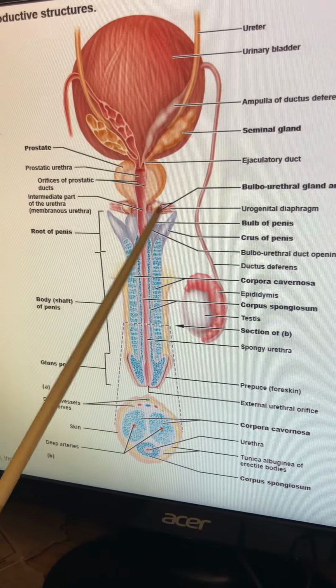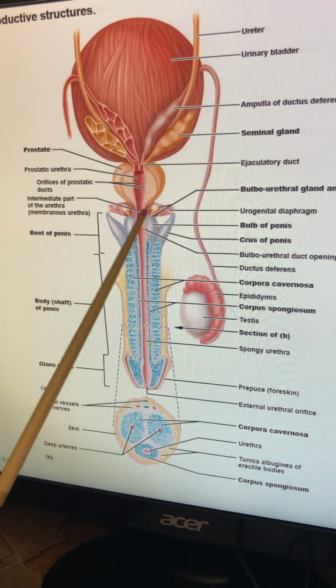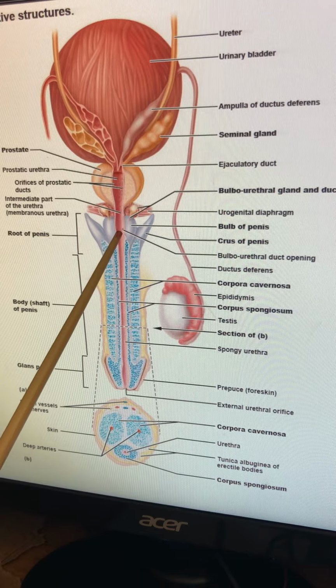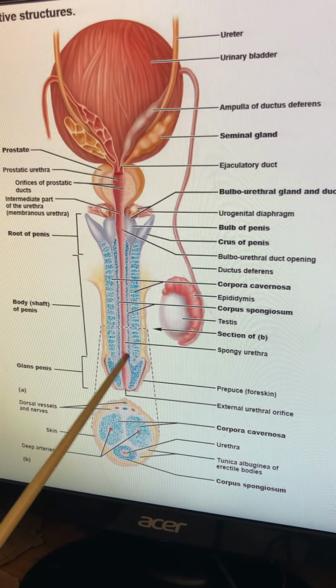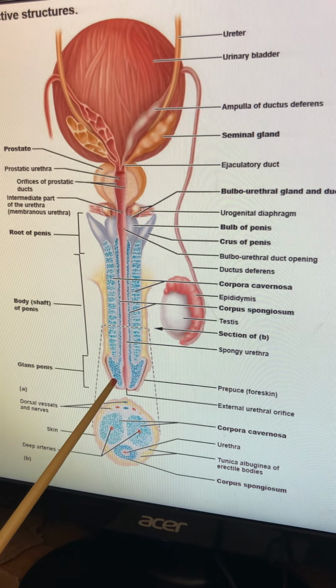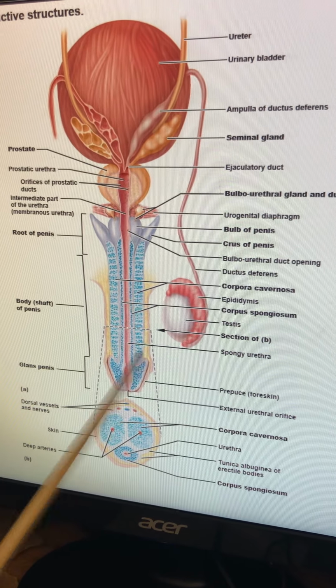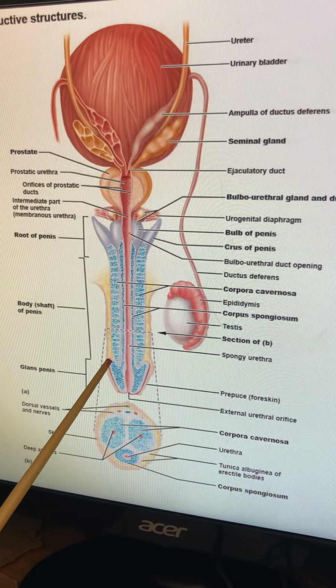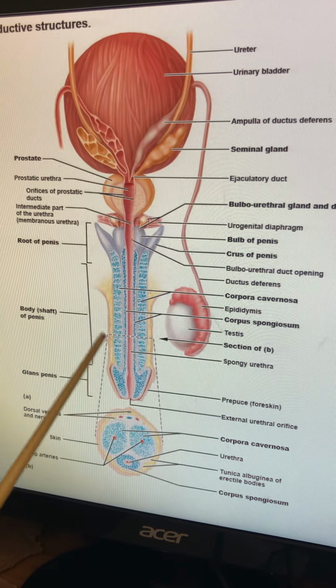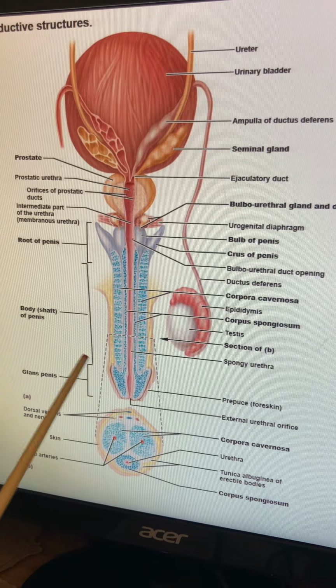But prior to that, you're going to have the secretions of the bulbourethral glands, which are also called the Cowper's glands, and their secretions are going to be first. They're going to lubricate the glans penis, and basically provide some sort of frictionless surface as this penis is going into the vagina.